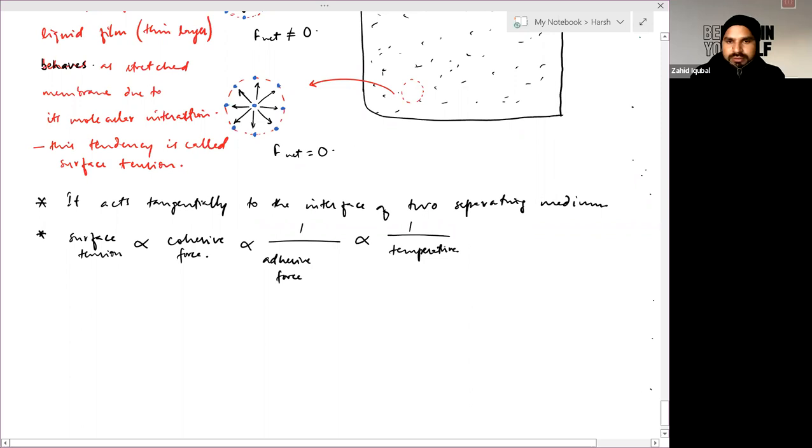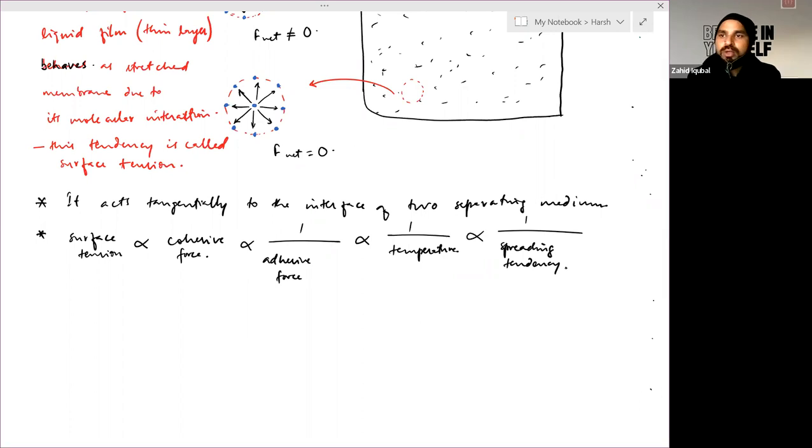If you increase the temperature of a liquid, its surface tension decreases. Next, inversely proportional to the spreading tendency of the liquid. The more the surface tension of that liquid, the more it will have a tendency to coagulate or minimize surface area, so it will have the least tendency to spread out.